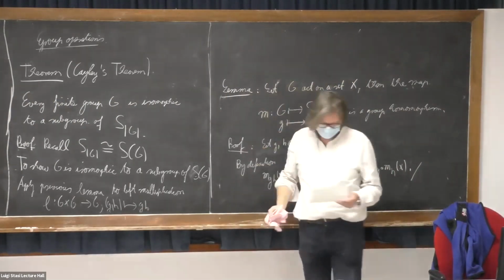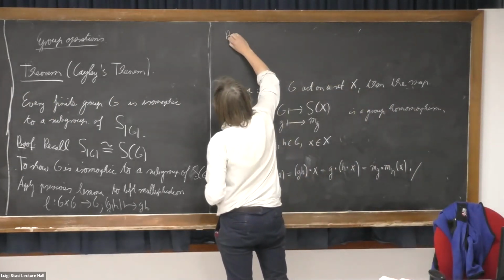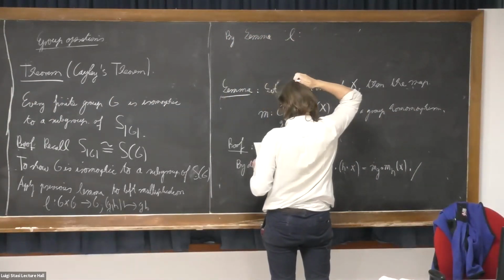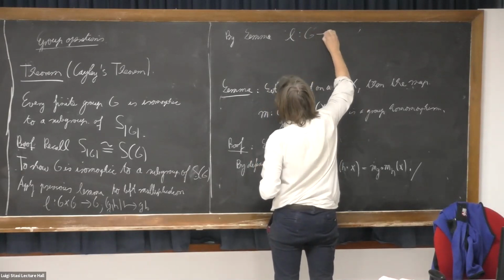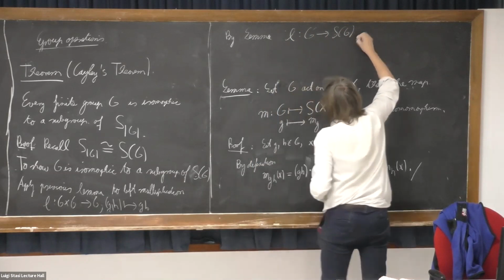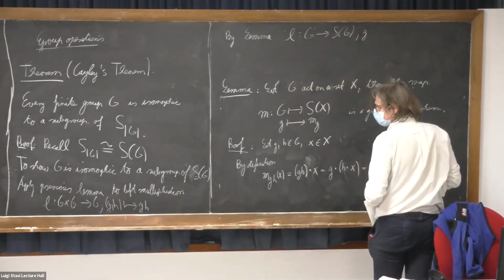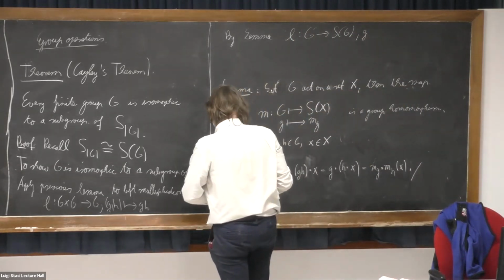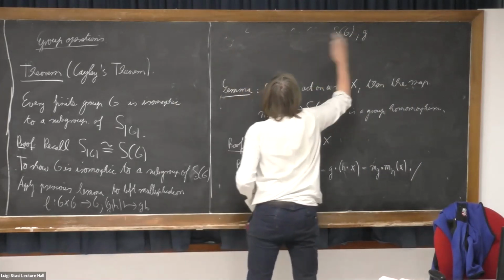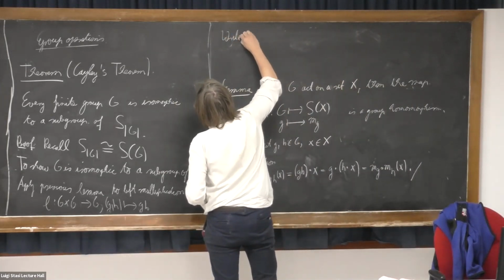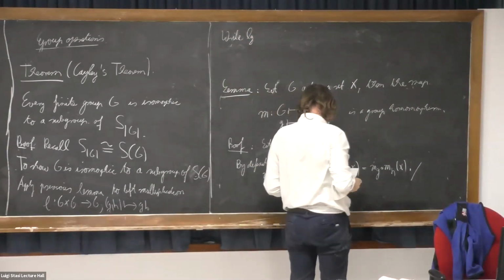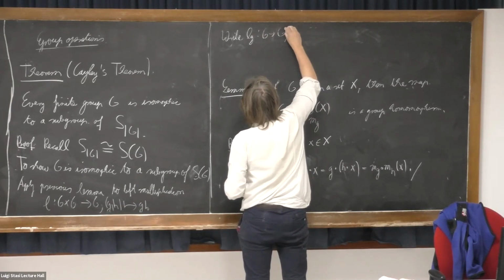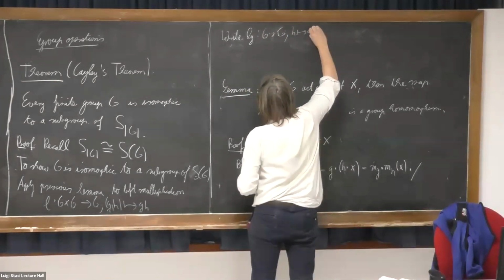So by the lemma, we have the map L from G to S_G, which sends an element g to, let me rewrite, L_g, the map from G to G, which sends h to g times h.